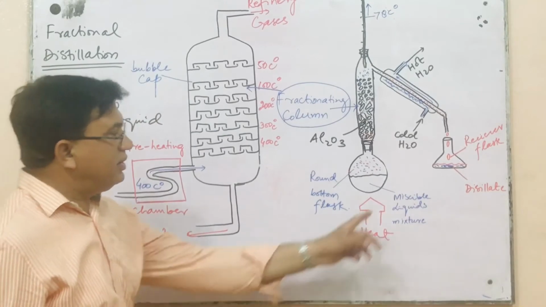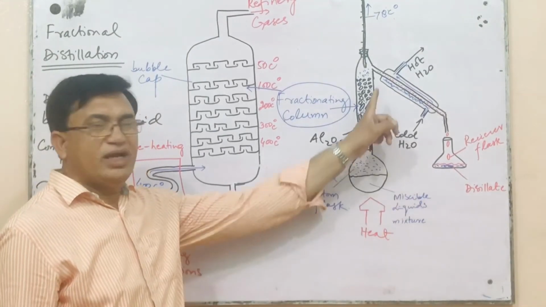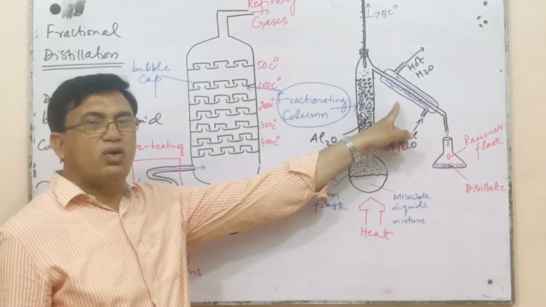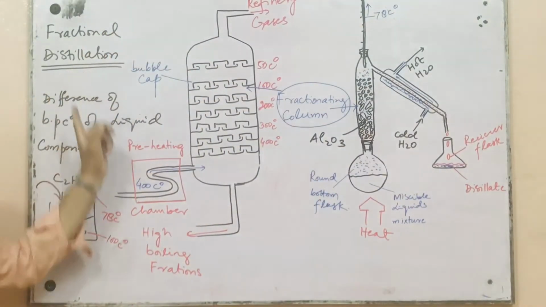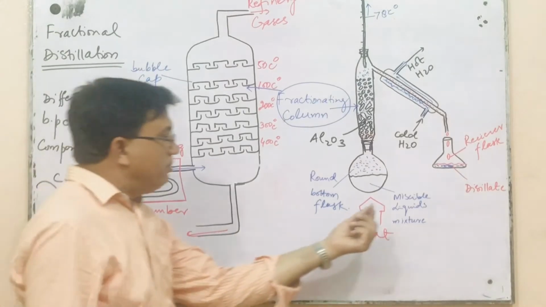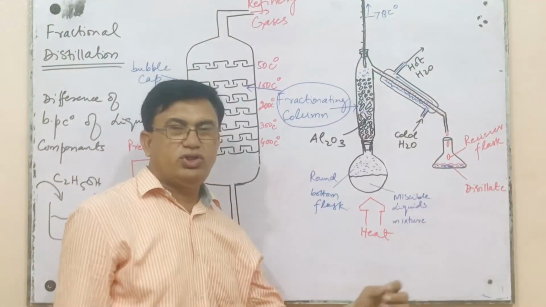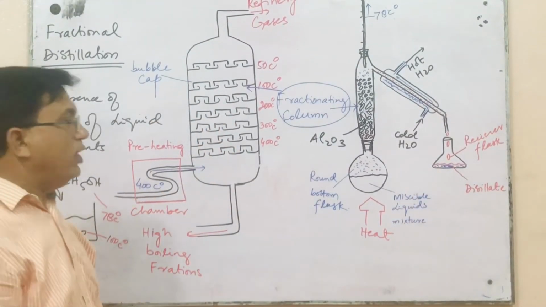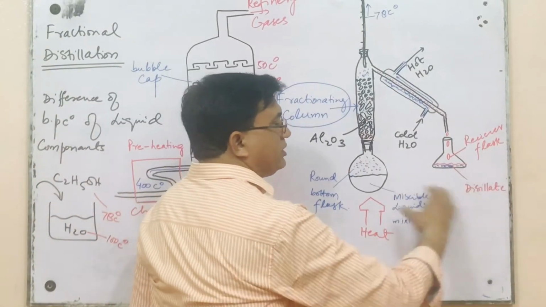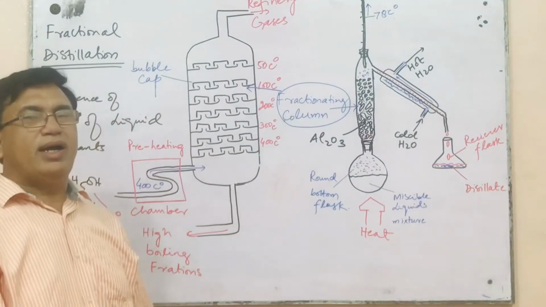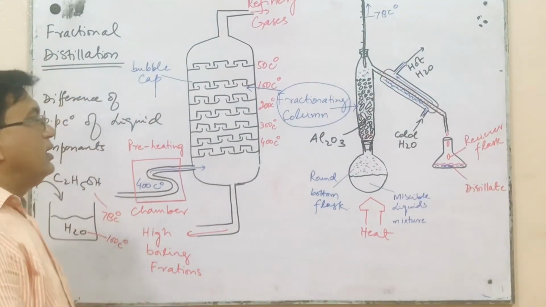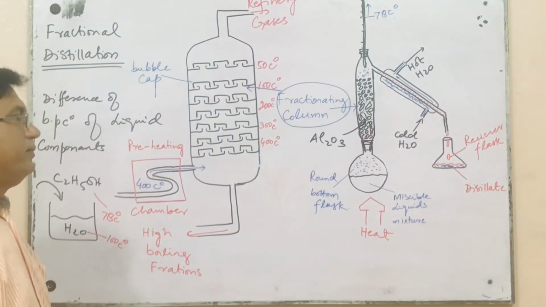This is how the fractionating column operates and how fractional distillation is done for the separation of miscible liquid mixtures. One by one, all the components can be separated quite easily, and the condensed vapor can be collected accordingly.